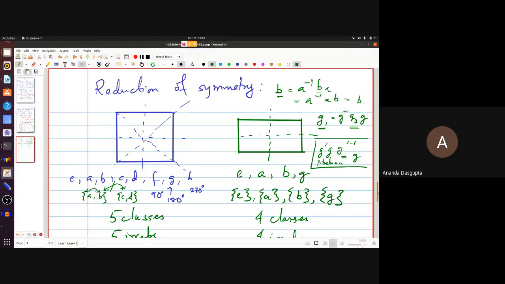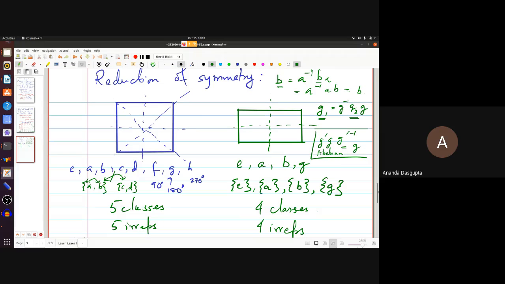Now this representation that we have for the square. Take any representation for the square, where you do some operation on the square and it stays the same. That of course will give you 8 matrices, one for every group element.